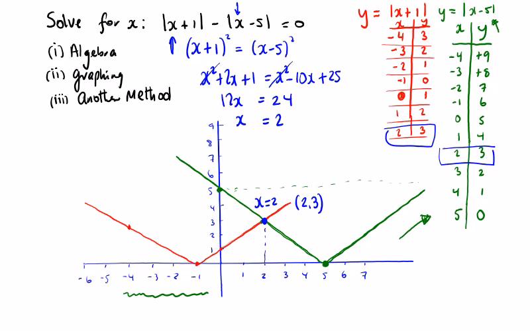Now there is another way, and it's based on the midpoint of the roots of a quadratic equation. So let me just change the color of the pen again. Here's where the red y is equal to x plus 1 crosses, and here's where the other y crosses. Now the midpoint of the roots will give me the max or min, and that's actually the same as what we do here.